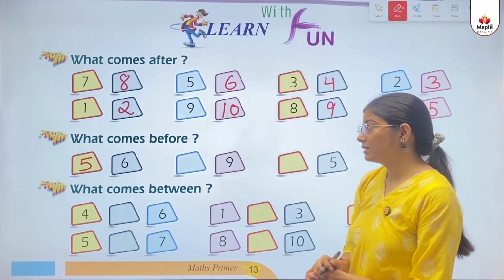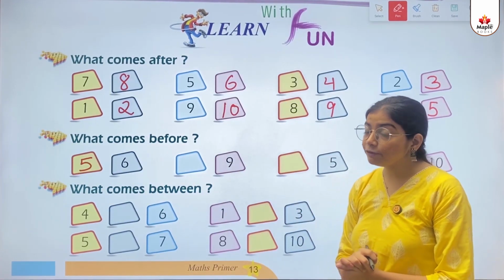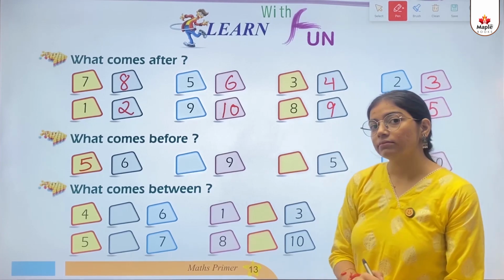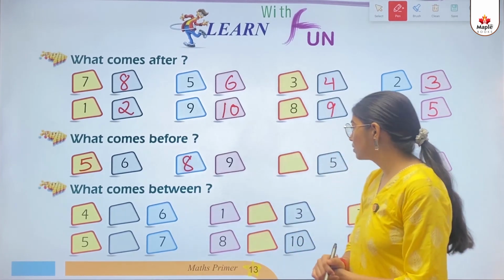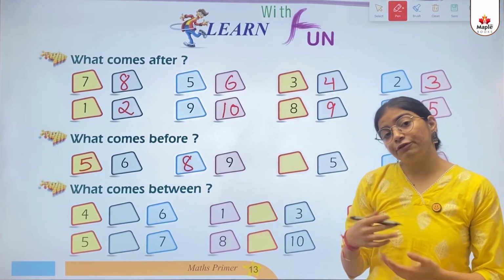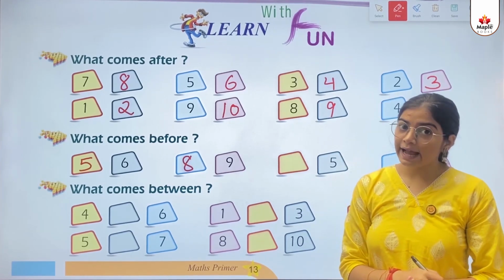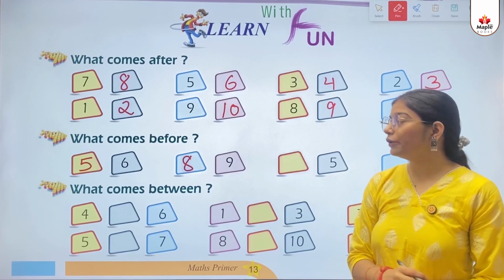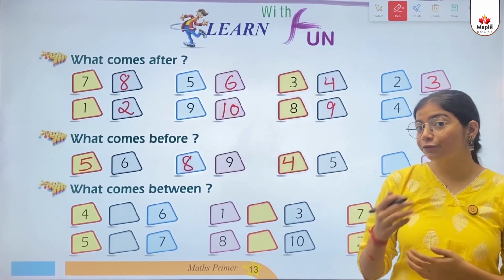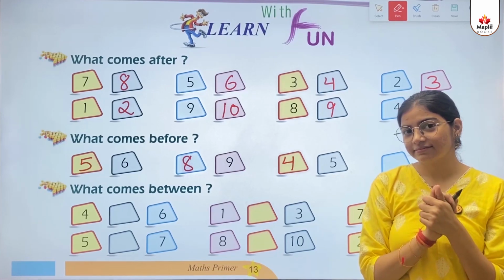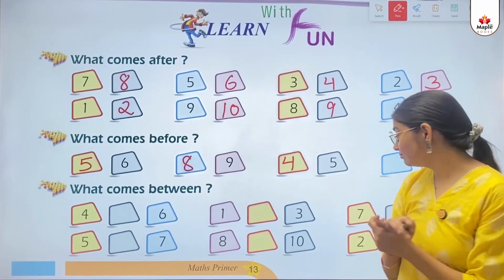Now, next. What comes before 9? That is 8. What comes before 5? That is 4. What comes before 10? That is 9.